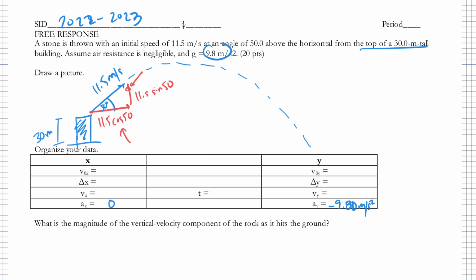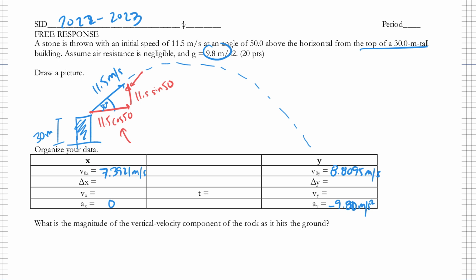Let's plug those into our calculator. V naught in the X is 7.3921 meters per second. And in the Y direction, we get a positive 8.8095 meters per second.